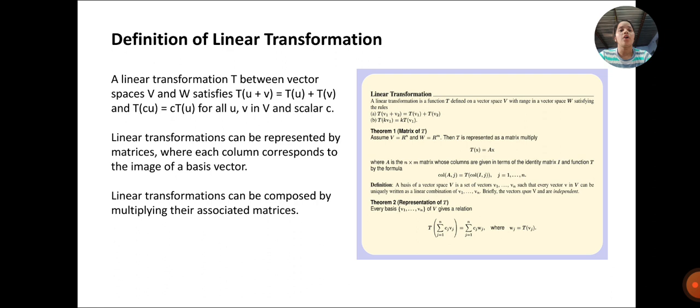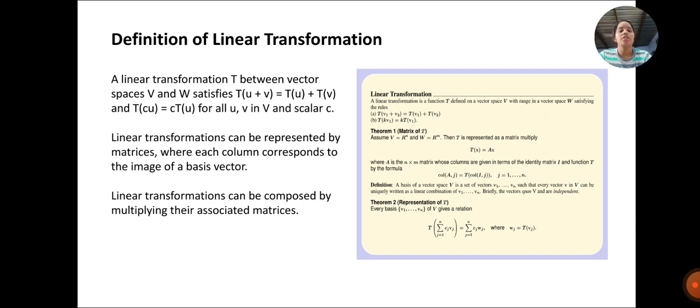Definition of linear transformation. A linear transformation T between vector spaces V and W satisfies T(u + v) = T(u) + T(v) and T(cu) = cT(u) for all u, v in the vector space and scalar c.